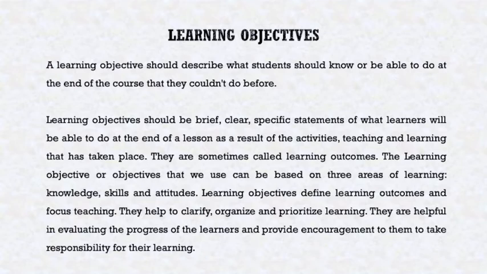A lesson aim is a very general statement of what the overall goal is in a lesson. The lesson objectives are the measurable stages that a learner will go through and need to achieve in order to achieve the overall goal. Aims are like strategy, but objectives are like tactics.